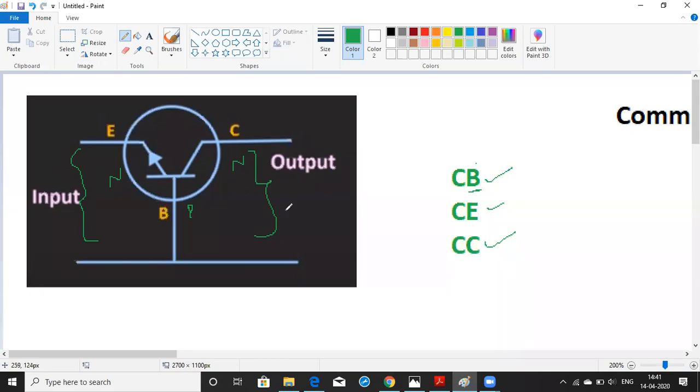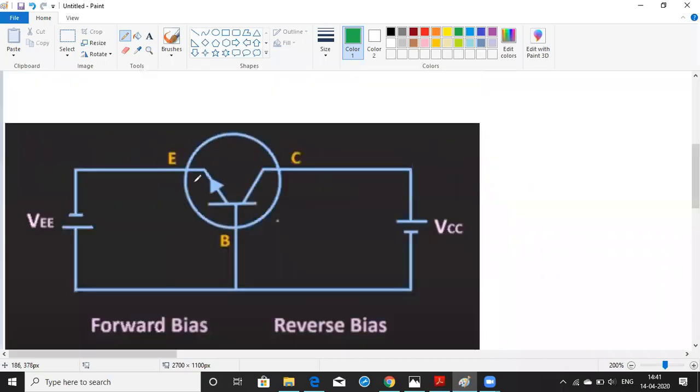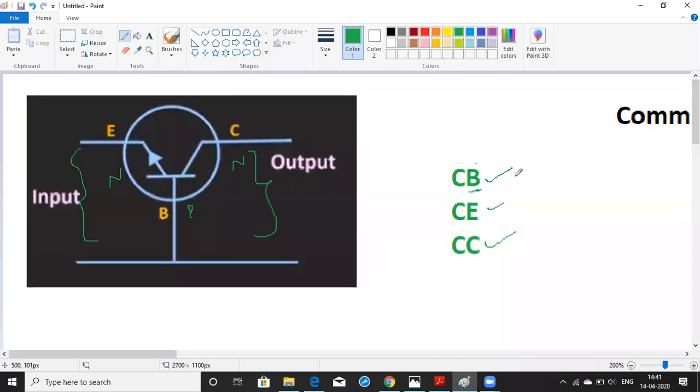Now if I move to the applied voltage, because usually for every configuration we get three important regions. One region is the active region, as we already know.